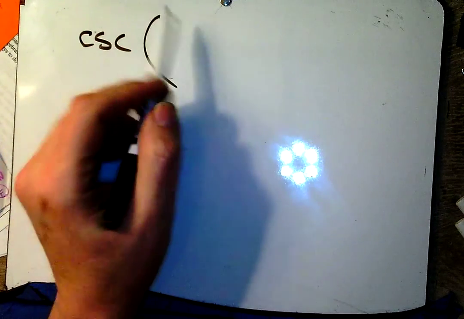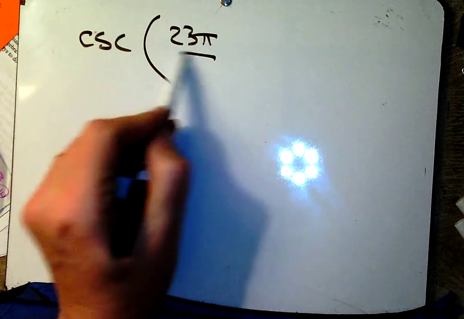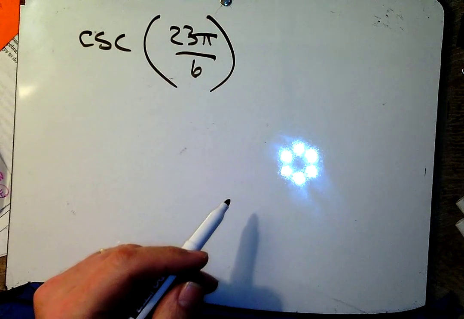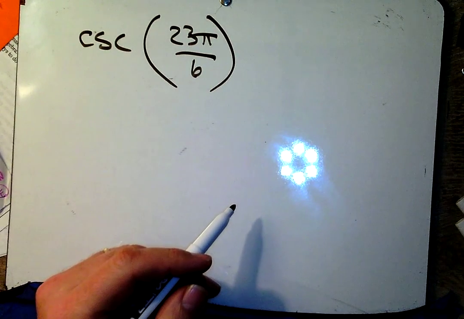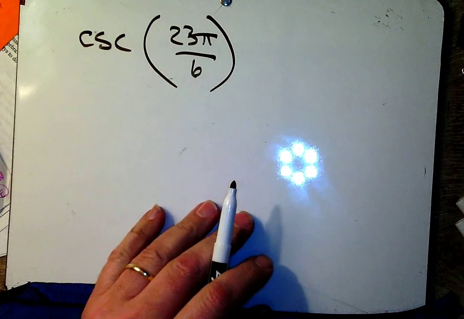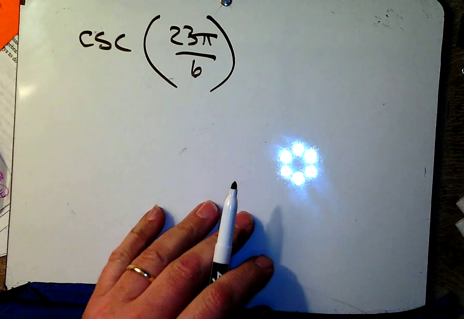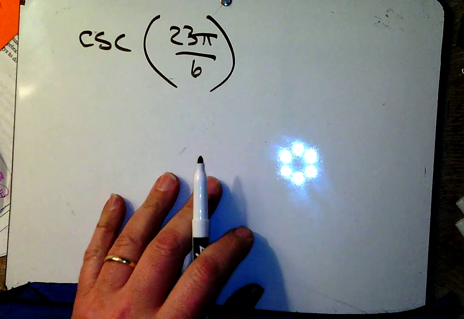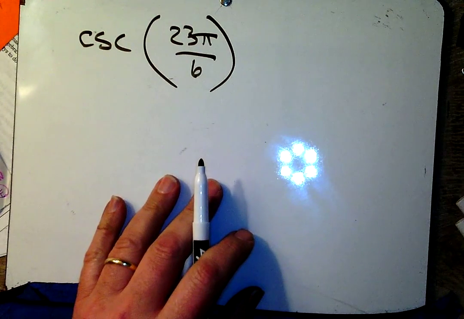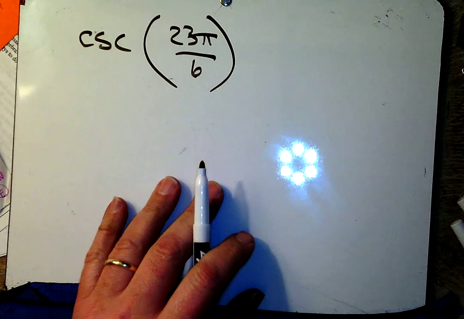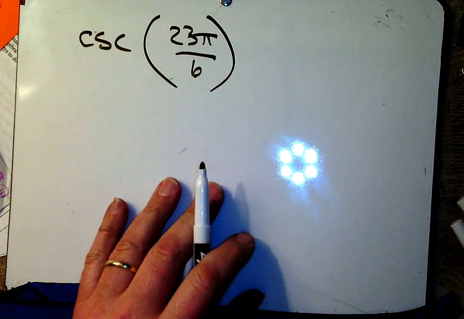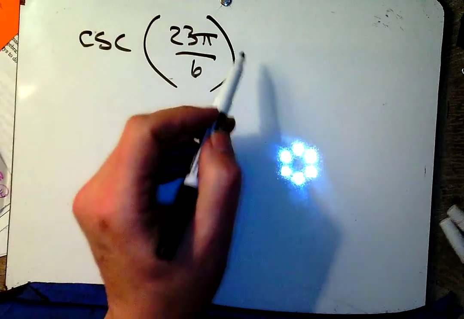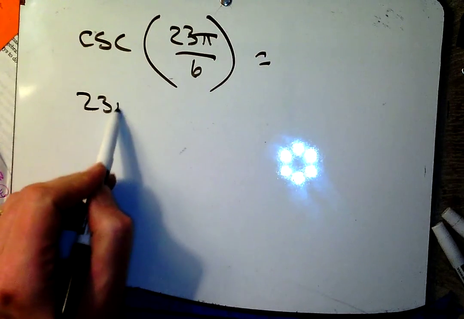Cosecant of 23 pi over 6. So, yeah, that's not on my unit circle.